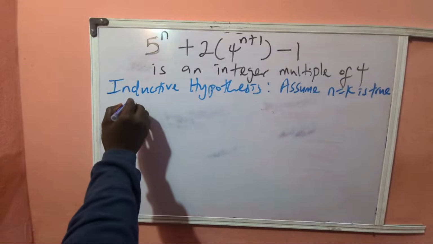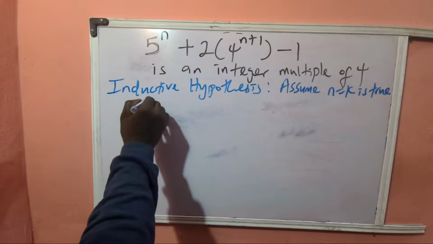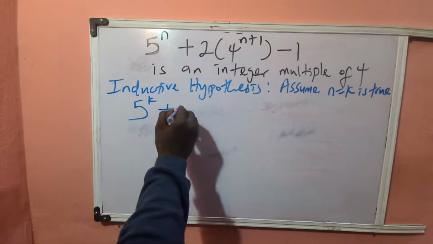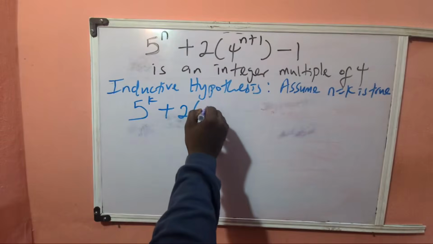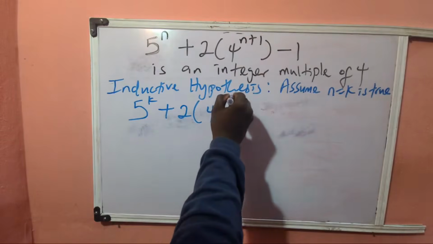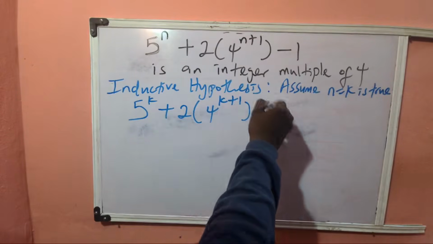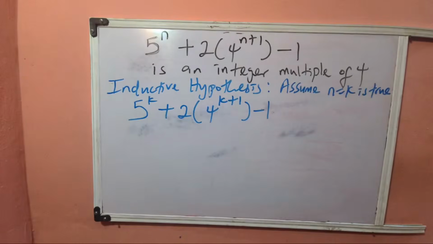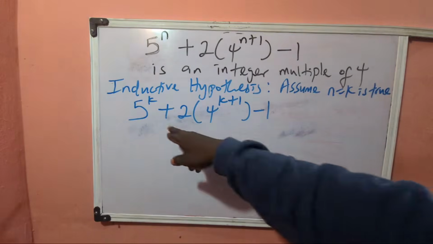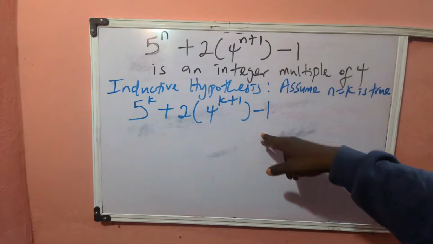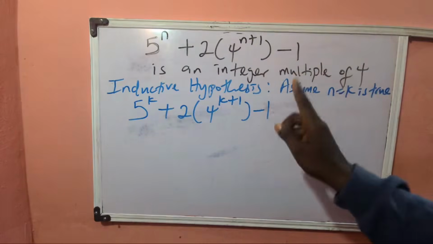If n equals to k is true, that means 5 raised to the power k plus 2 into bracket 4k plus 1 minus 1 is true. Now, but pay attention. We are assuming that n equals to k is true. So we are saying this particular function, of course, replacing n with k is true.